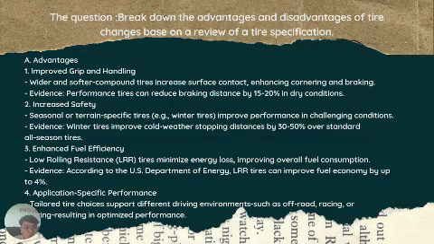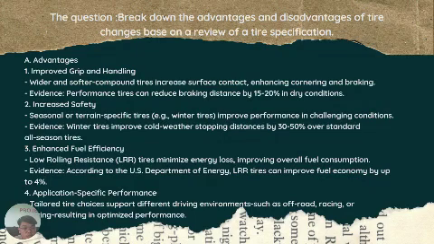Second is increased safety. Seasonal or terrain specific tires, for example winter tires, improve performance in challenging conditions. The evidence is winter tires improve cold weather stopping distance by 30 to 50% over standard all season tires.